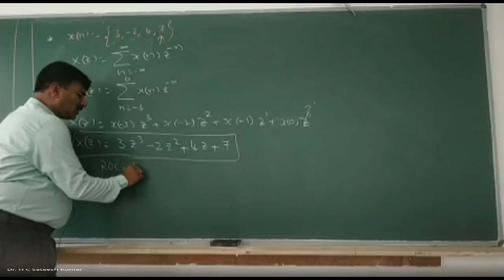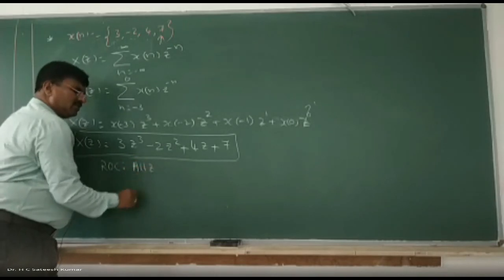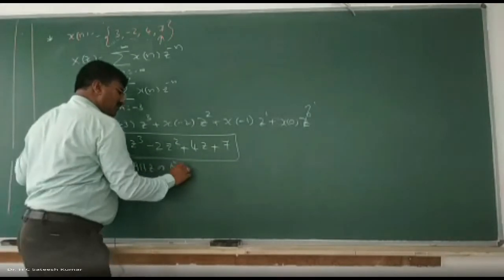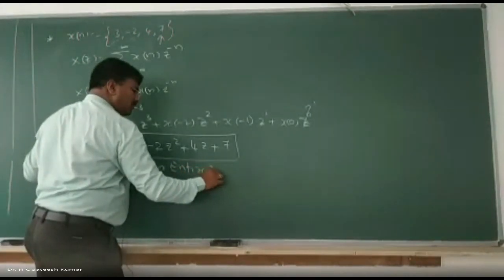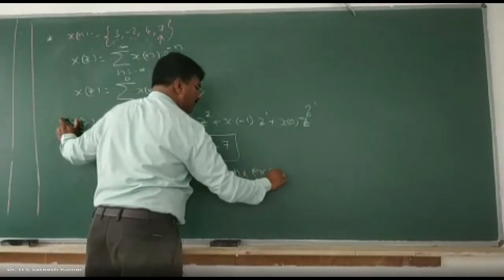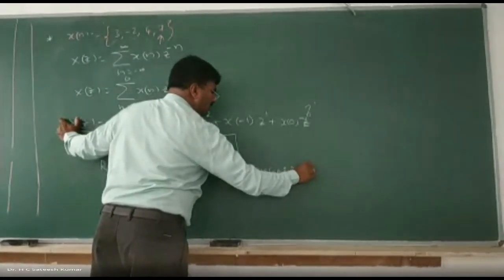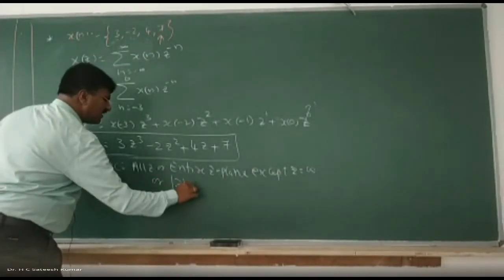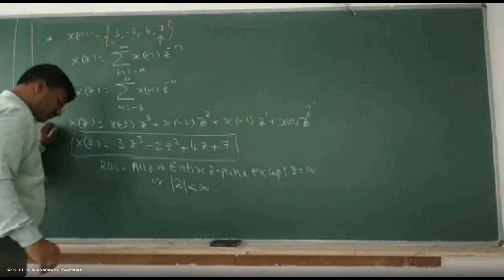So ROC is what? All Z or entire Z plane, except Z is equal to infinity. That means mod Z less than infinity. Mod Z less than infinity means what?